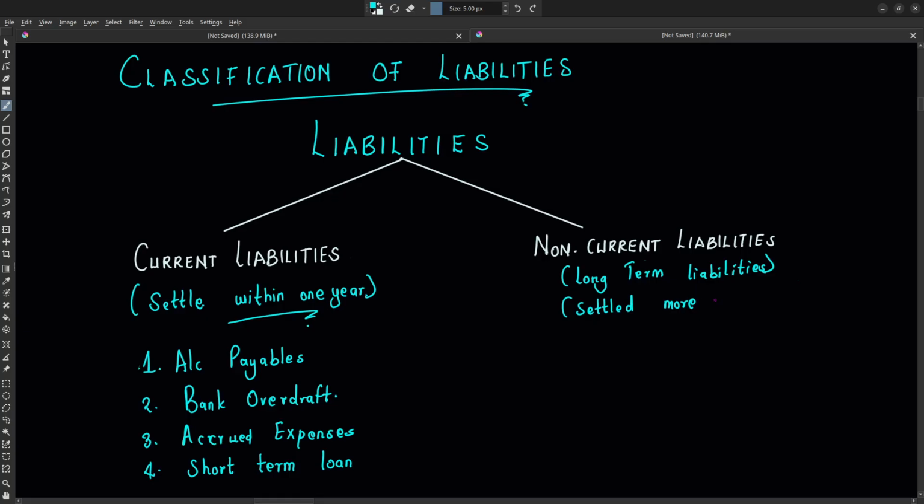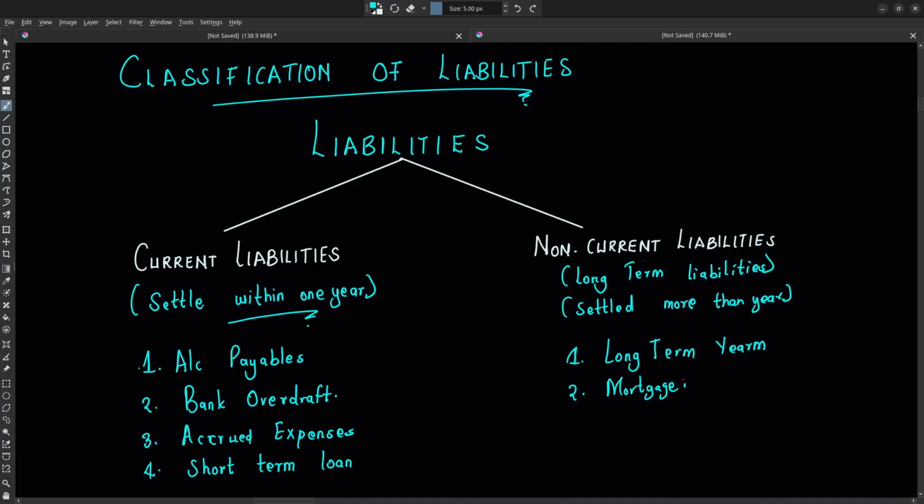They might go all the way from 3 years, 4 years, depending, as long as it is more than 1 year. The main common example is long-term loans. If you take a loan of 5 years, this is a long-term loan. There are many other forms of long-term loans. It could also be a mortgage, which is also a long-term loan.